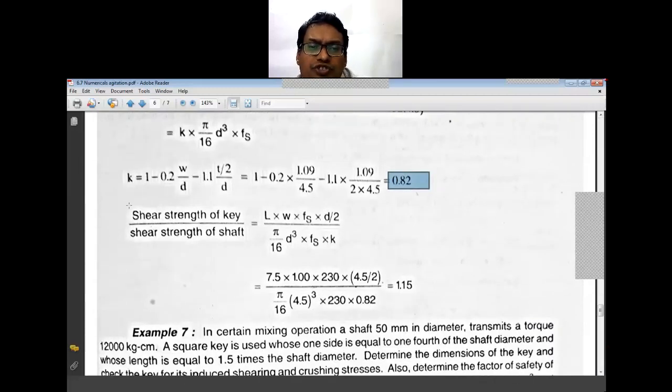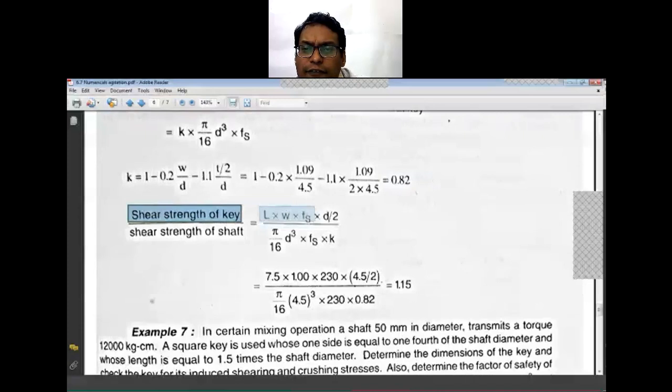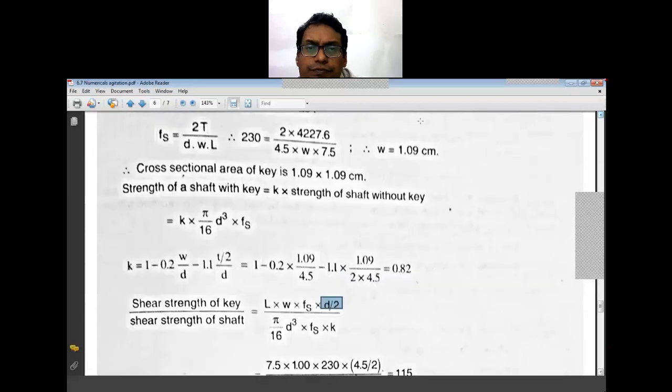Now applying the shear strength of the key: area into Fs into D by 2. The same formula is manipulated here.